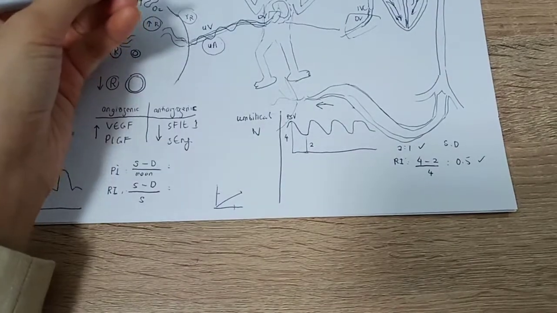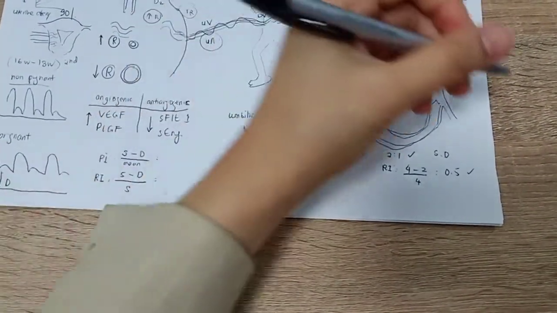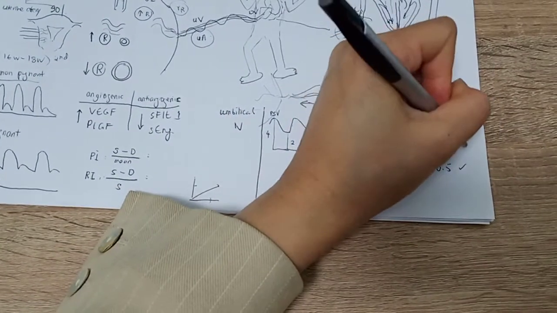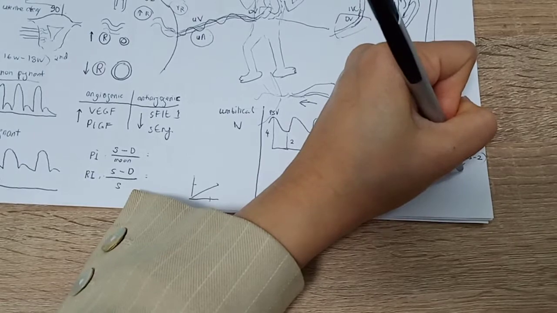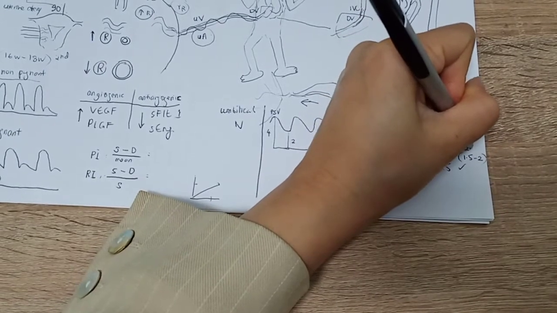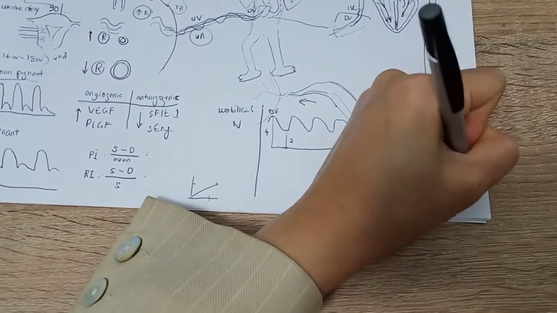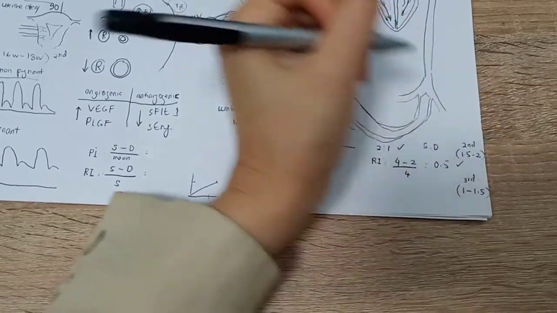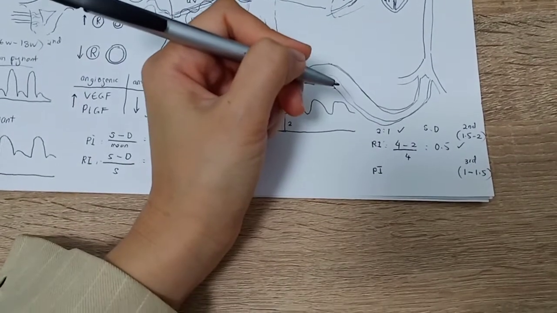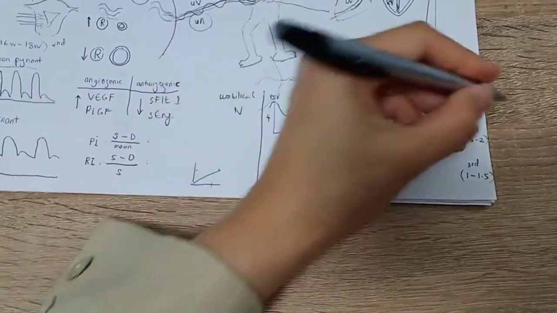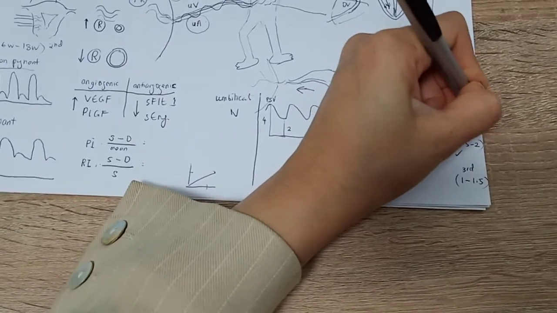A normal value for the umbilical artery in the second trimester is about 1.5 to 2, which is considered normal. And in the third trimester, it will be 1 to 1.5. This is the value for the PI.